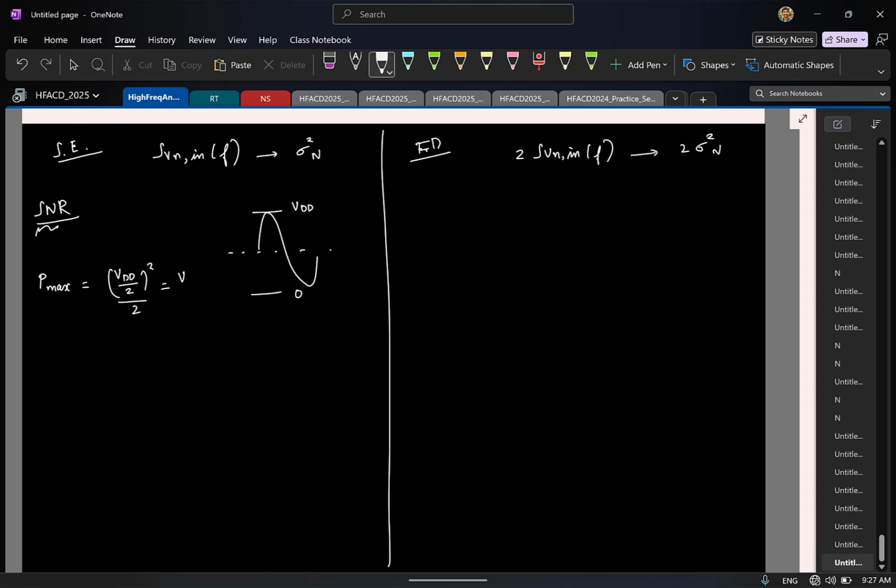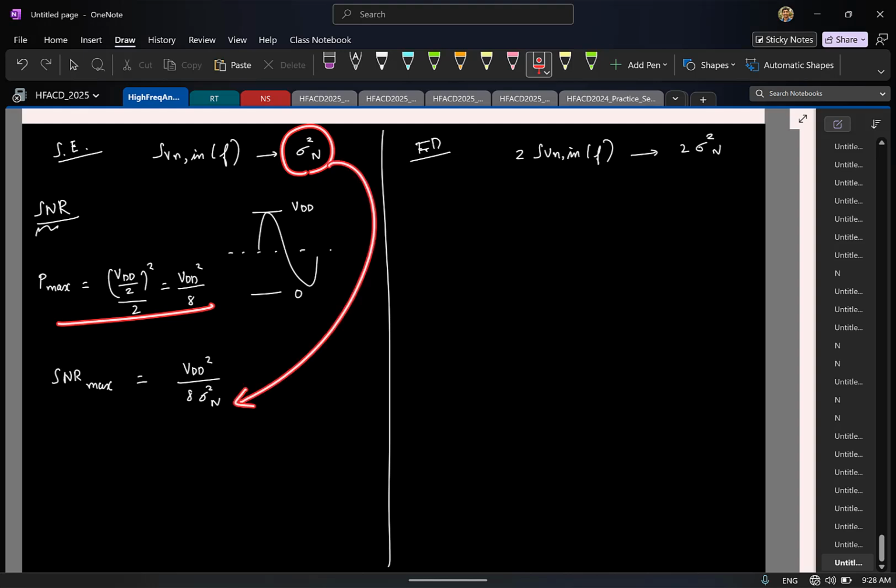VDD square by 8. So if I find the maximum sinusoidal signal to noise ratio, that is some VDD square by 8 sigma square n. I just found the maximum signal power and divided by the noise power, which is sigma square.